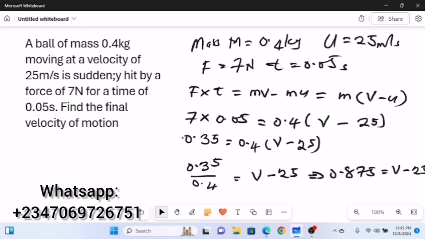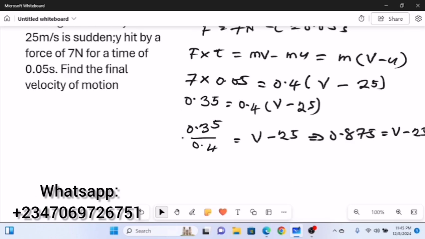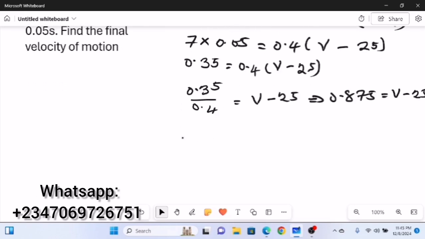Okay, so with this we can easily make v the subject. Simply send minus 25 over to this side of the equation. We are now going to have that 0.875 plus 25 is equal to v. Remember, when you send a negative sign over an equal to sign, it becomes positive, right?